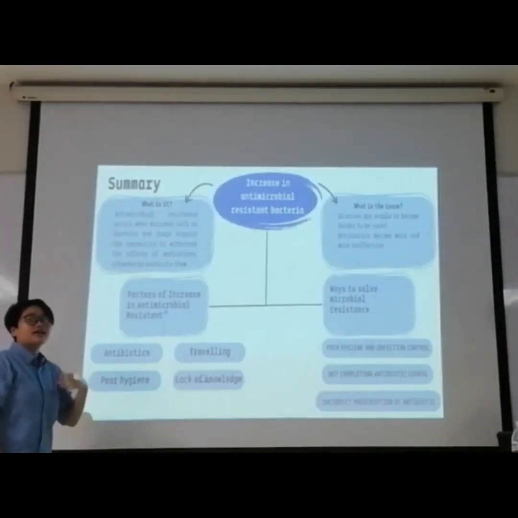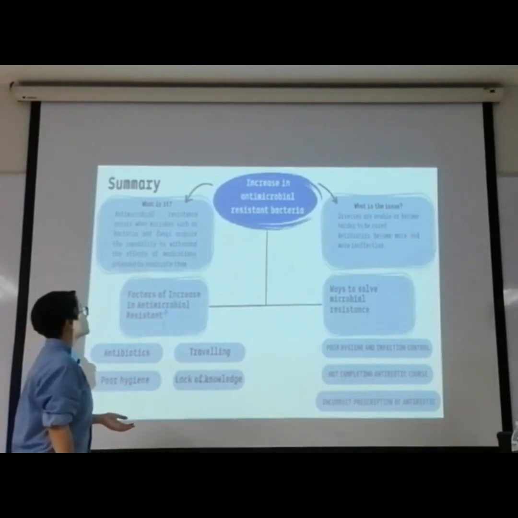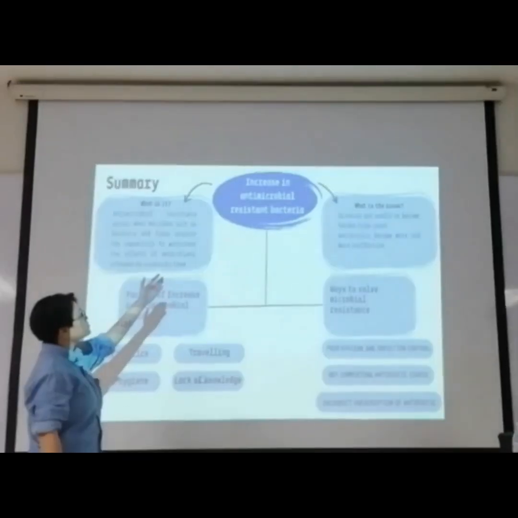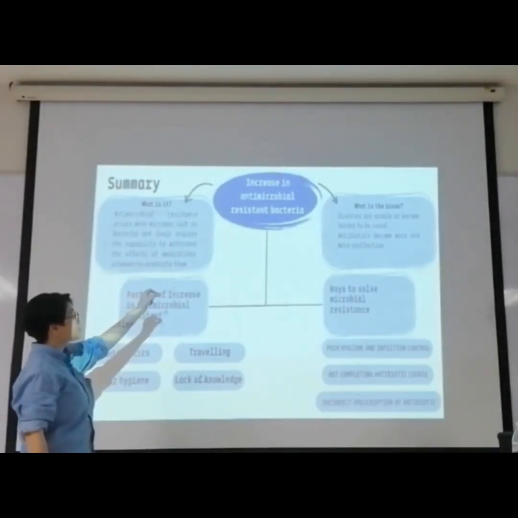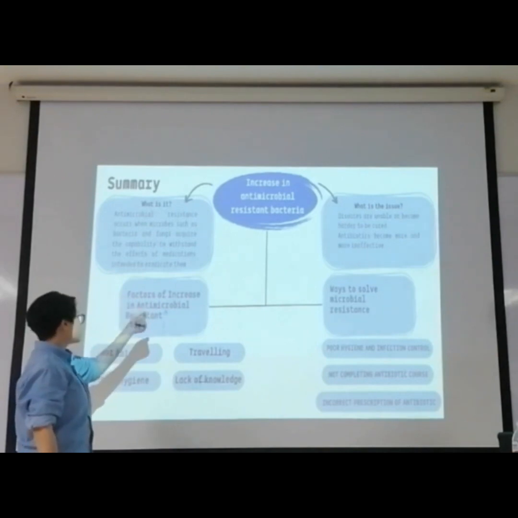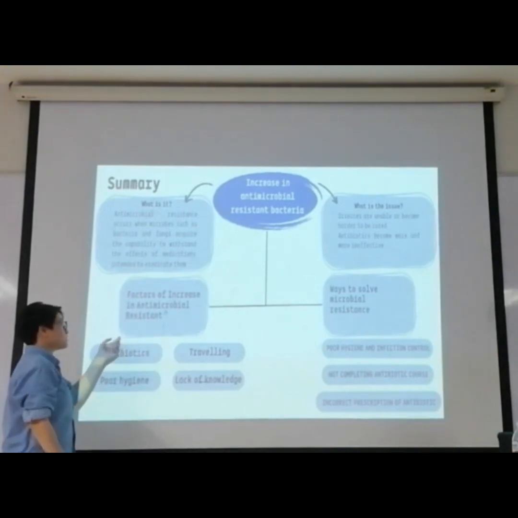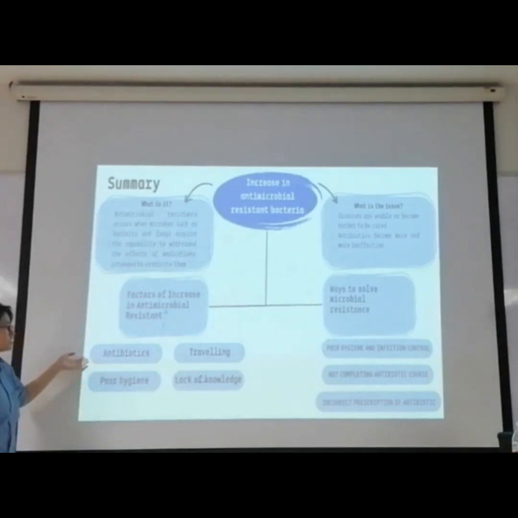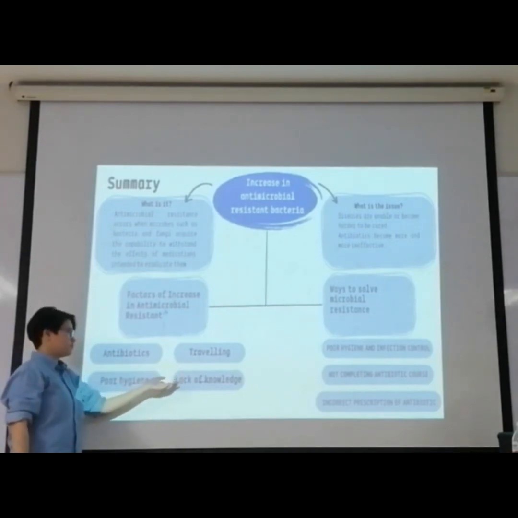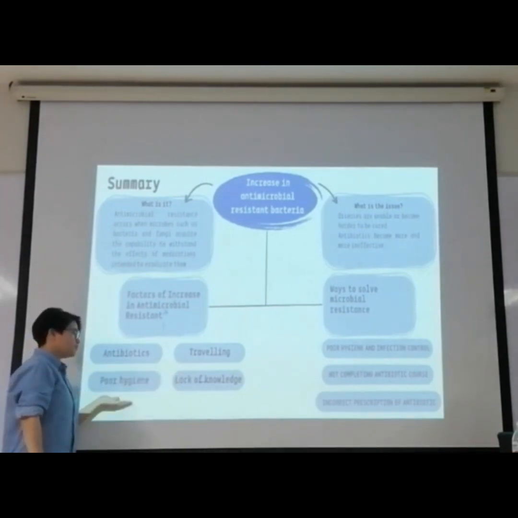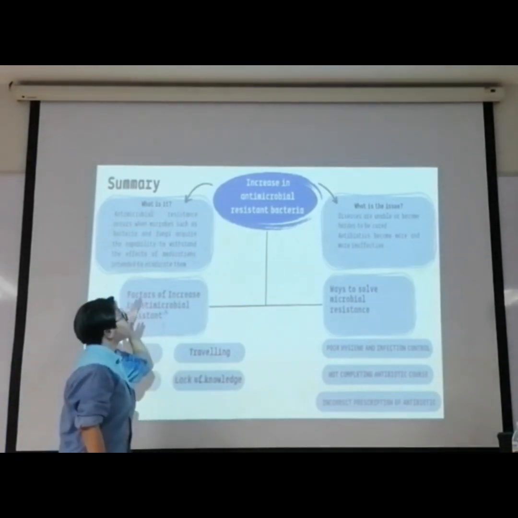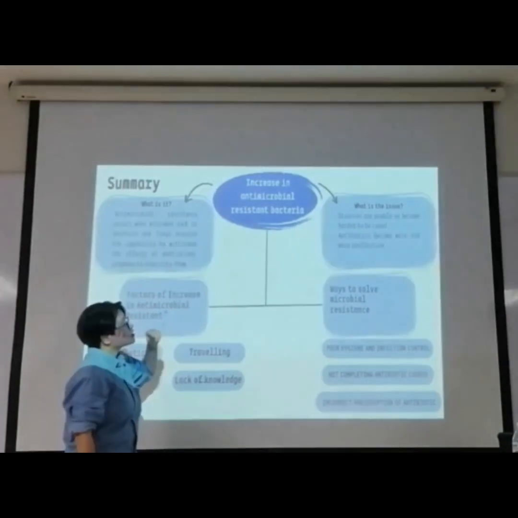So, to summarize what my group members have already presented, the way to avoid the increase in antimicrobial resistant bacteria is to identify the factors, which are not finishing the course of antibiotics, traveling, poor hygiene, and also lack of knowledge regarding antimicrobial resistant bacteria.